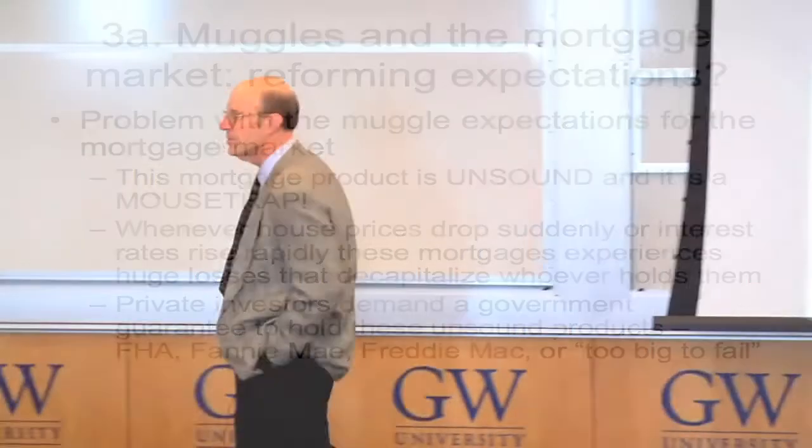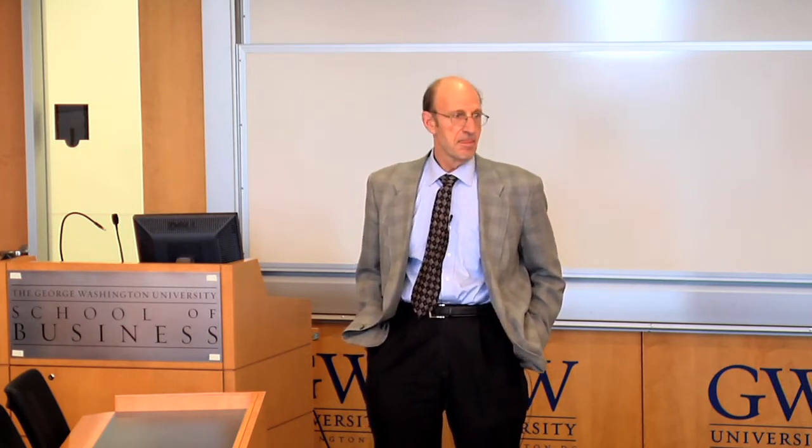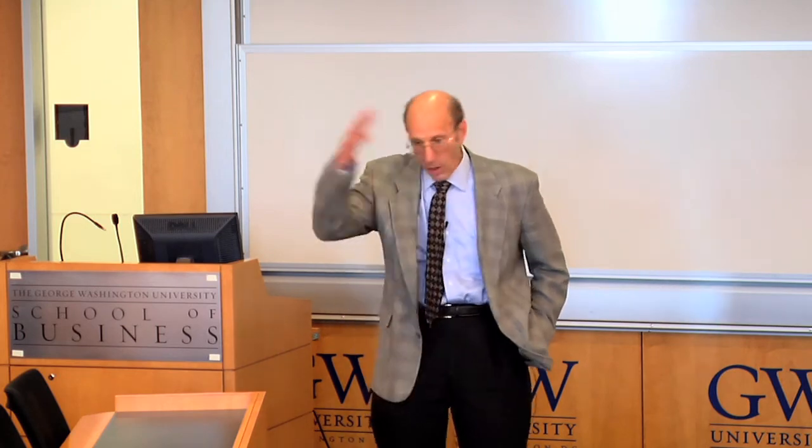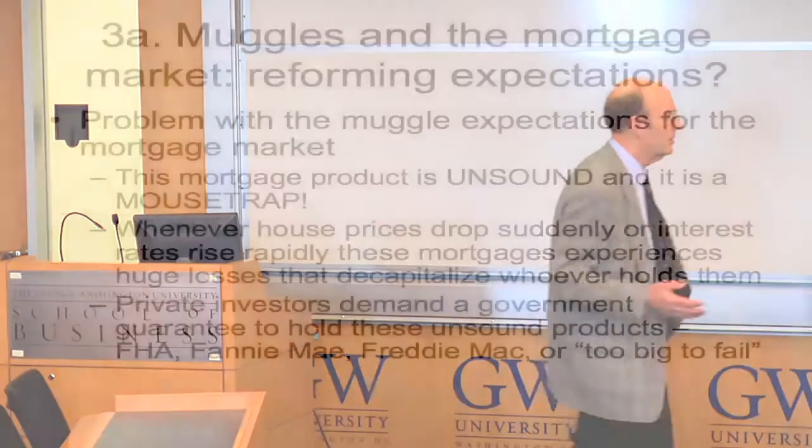The American people demand that the financial system provide them with a product that's fundamentally unsound and will experience massive failure. The private sector then demands that if they're going to invest in that, they have a government guarantee. So we can go along for a while, and the government guarantee is actually earning money.